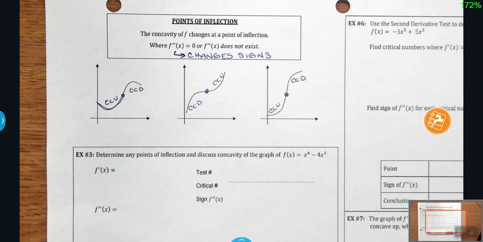What would a point of inflection on the second derivative be? That's something about the fourth derivative equals 0. Fourth derivative is snap.